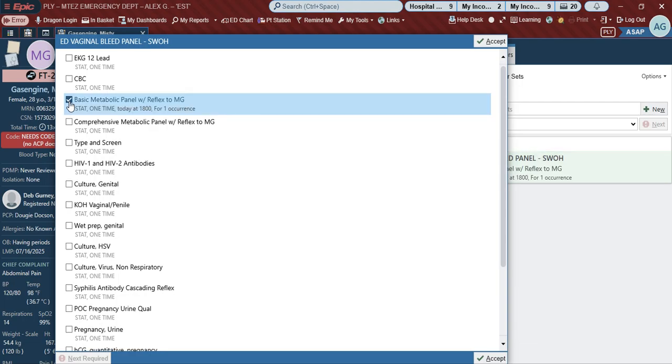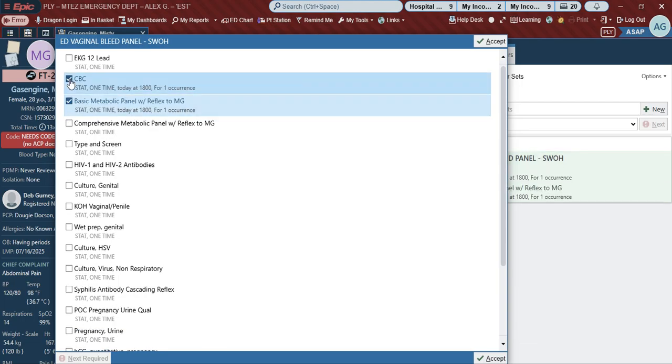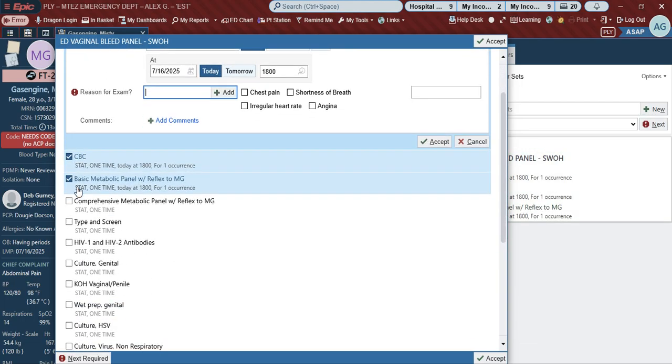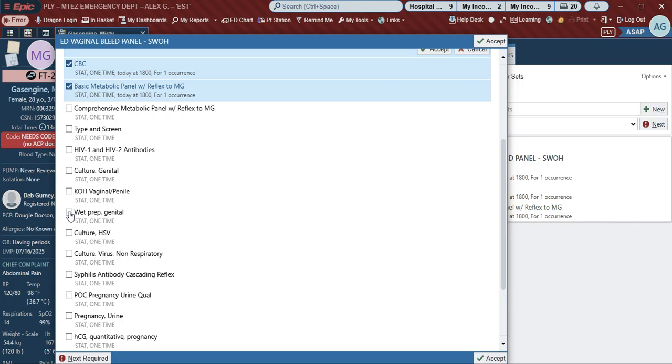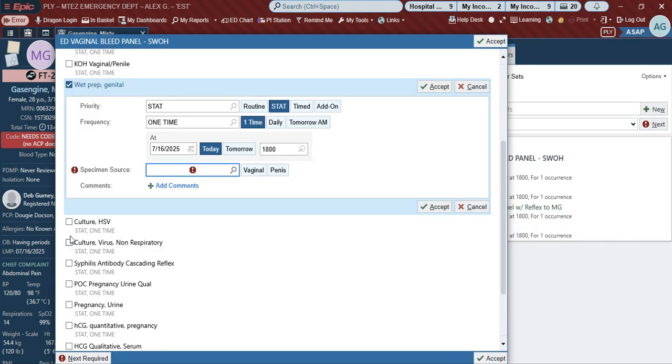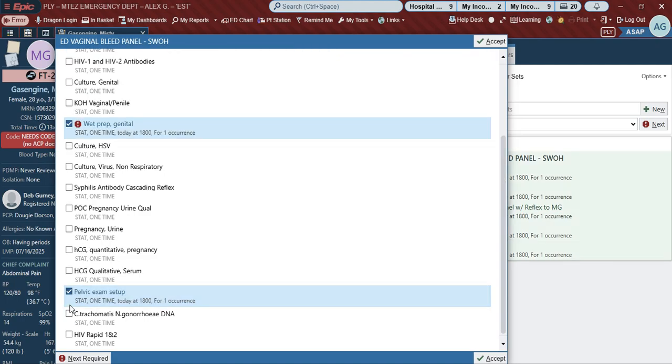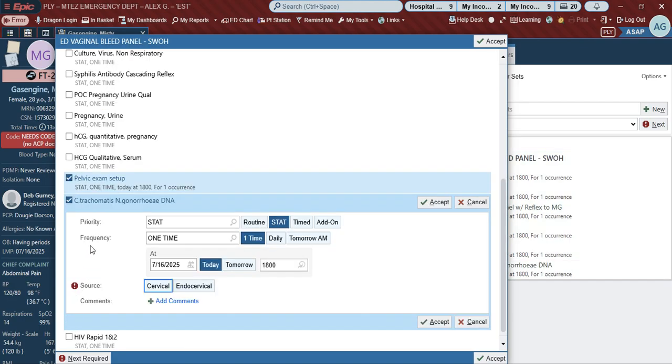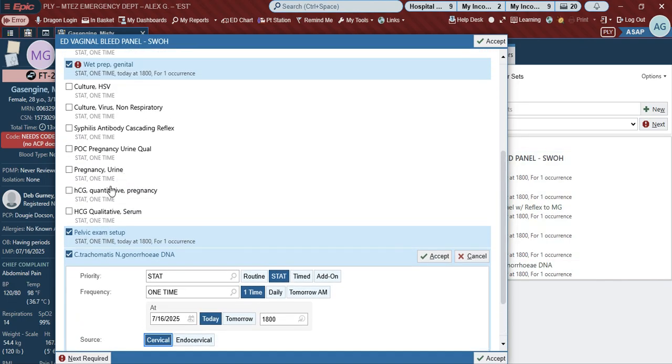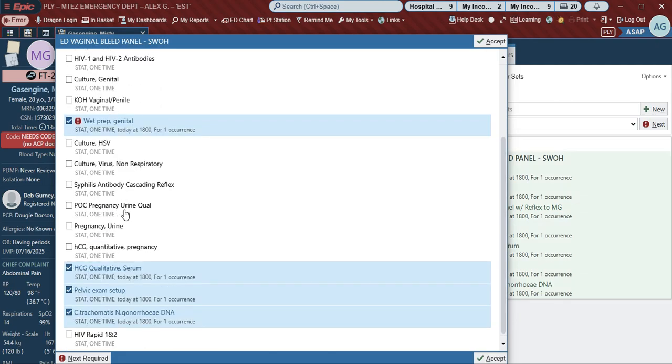say this lady has abdominal pain, and I'm going to order all of these tests. And we're going to do a pelvic exam, so I'm going to do a wet prep. I'm going to communicate to the nurse that I'm doing the pelvic exam to get the materials ready. We're going to be collecting a sample for gonorrhea and chlamydia. We're going to be having a serum qualitative study for HCG.